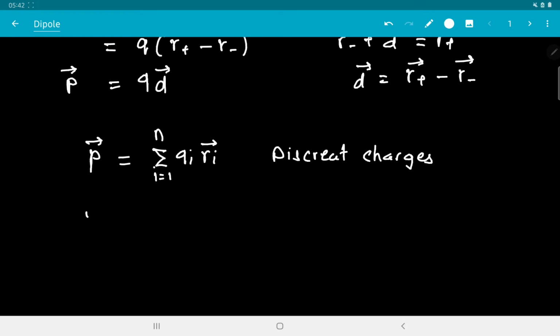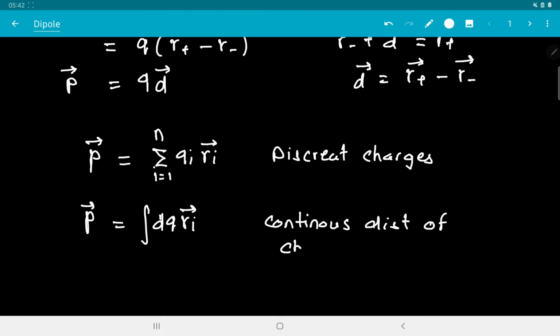And for a continuous distribution of charges, we can write the integration of dq into r. So this is the new, general definition of dipole moment. This definition we can apply to many charges as well as continuous charge distributions.